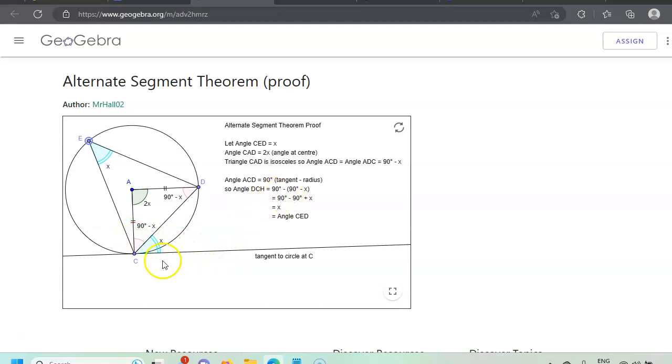So 90 minus x, the upper part of that right angle, is equal to angle DCH, right? And then distribute the negative sign. So we have negative 90 and then positive x. And then 90 minus 90 is 0. And we now have x. So in other words, angle DCH is equal to x.